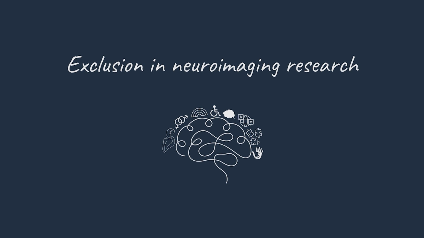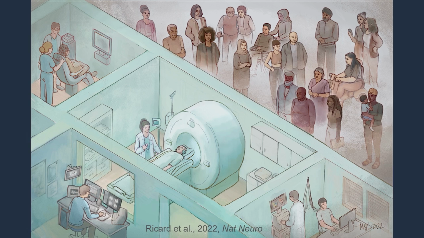Hi everyone, my name is Jocelyn, and I just want to start by saying thank you for being here. I'm really excited to start off this first part of the roundtable, which is focused on exclusion in neuroimaging research. The fields of neuroscience and psychology have advanced our understanding of the mechanisms of cognition through scientists like yourself, and we're trying to understand mechanisms within the brain.